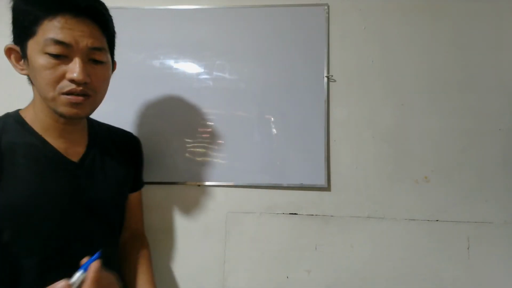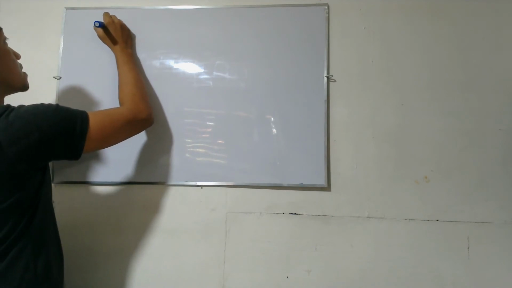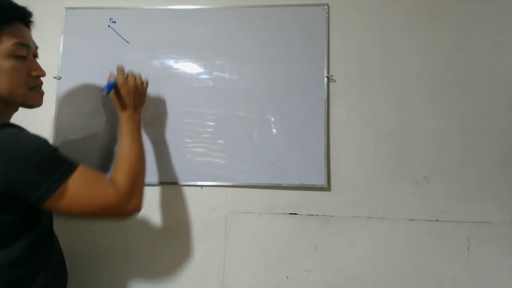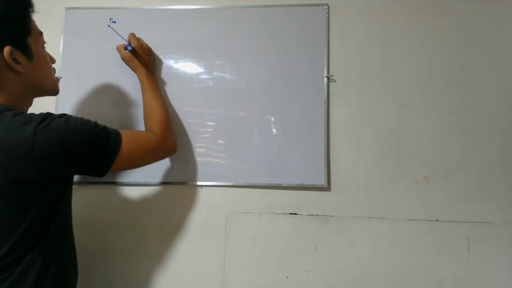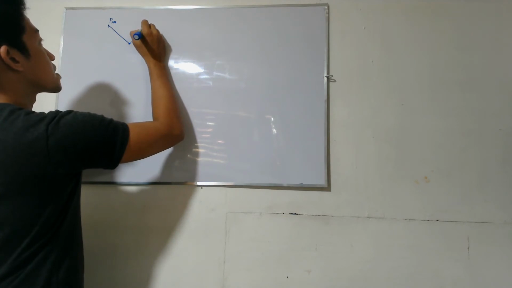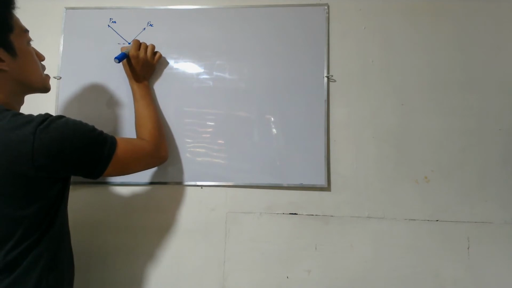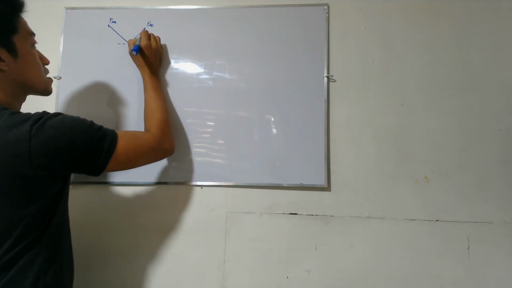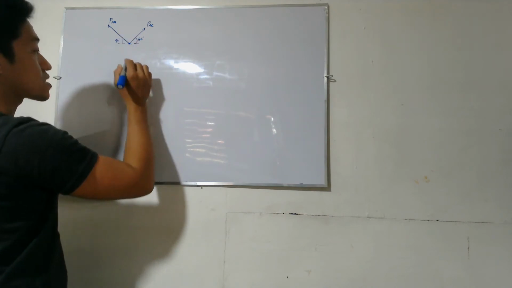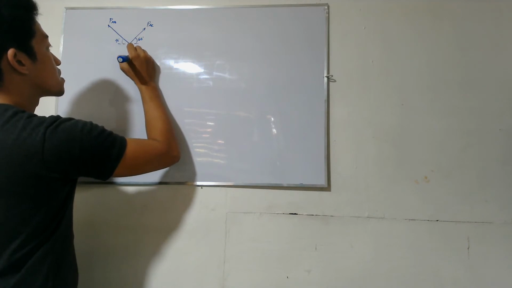Okay, so let's draw the free body diagram. You have PAB and you have PAC, 60 degrees, the other is 40 degrees, and you have the weight.